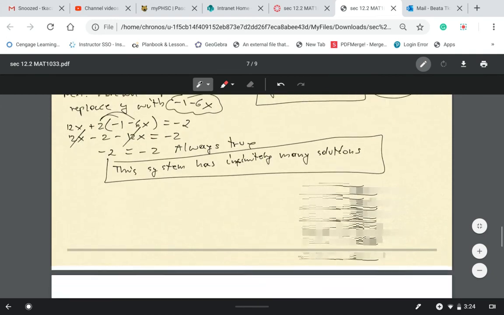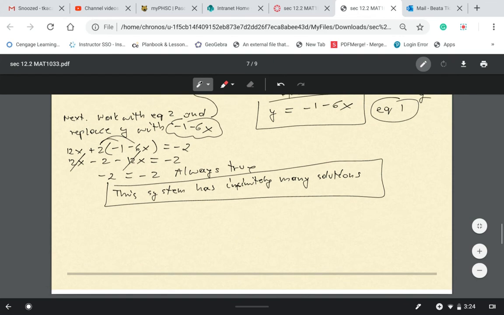Your textbook writes the solution this way.